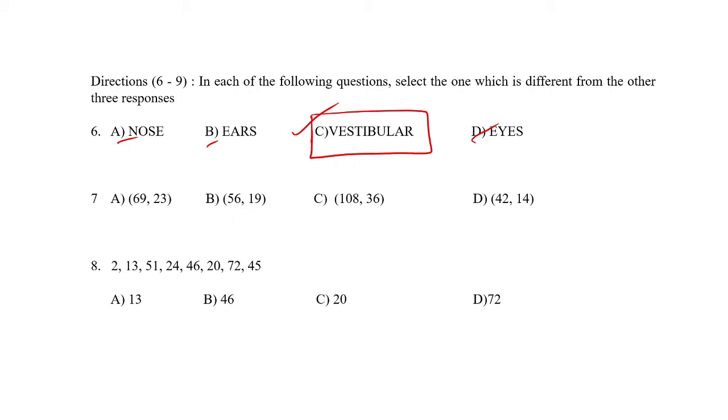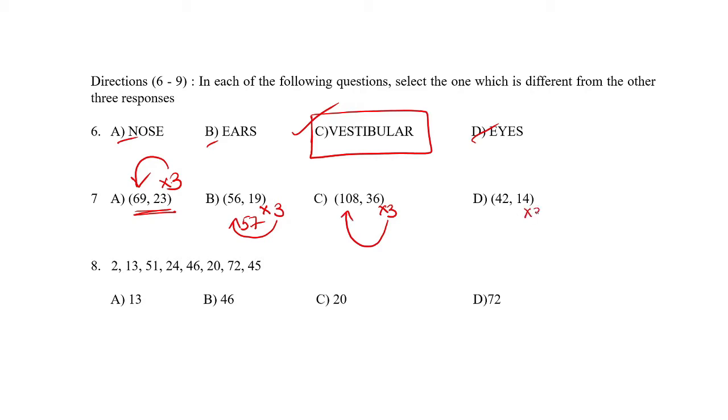Coming to the seventh question, 69, 23. What is the relation between these two? 23 into 3 is 69. And here 19 into 3 is what? 57, not 56. 36 into 3 is 108. Okay.